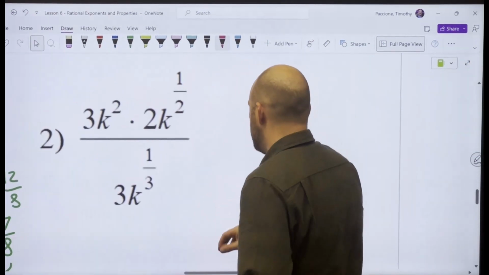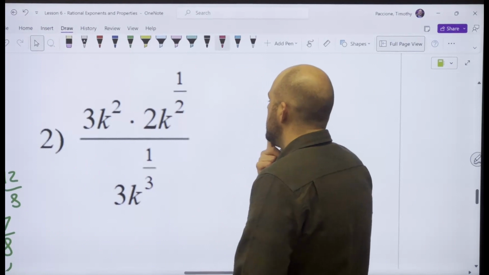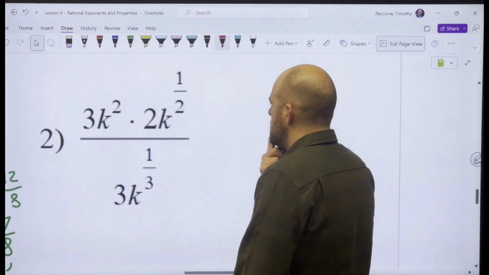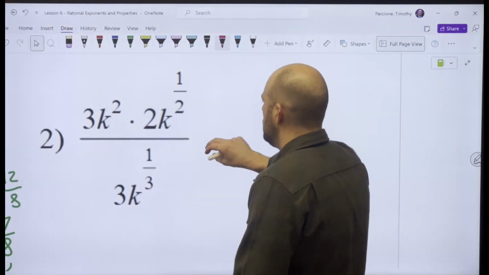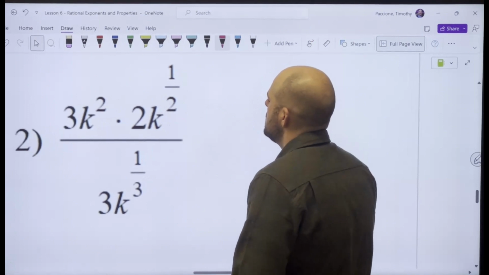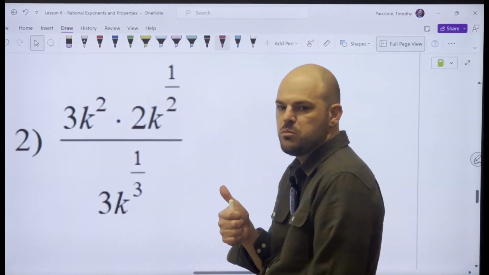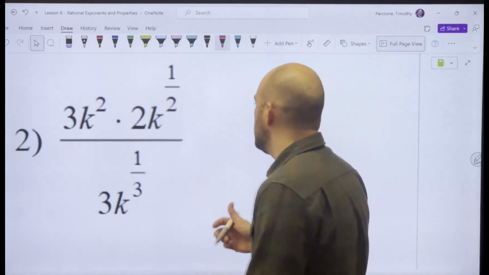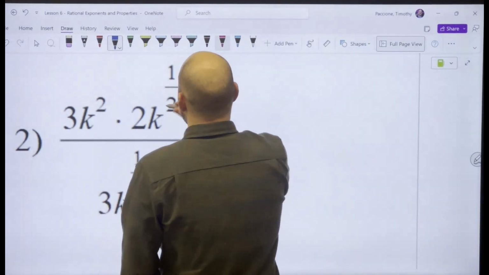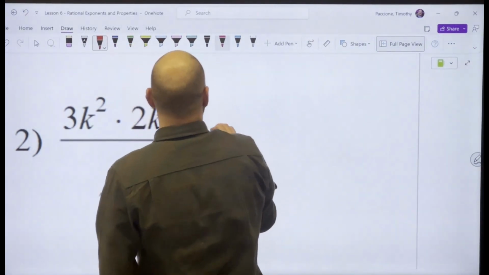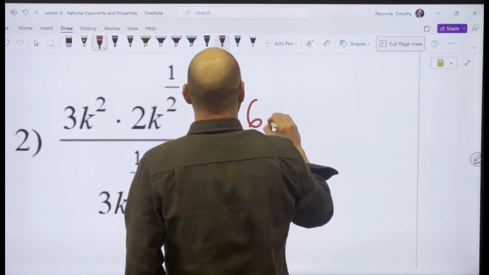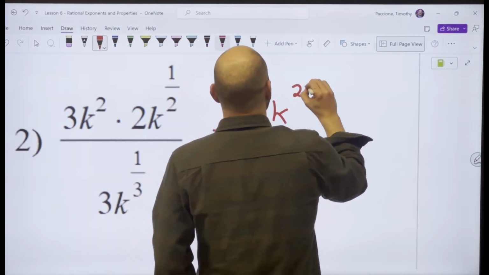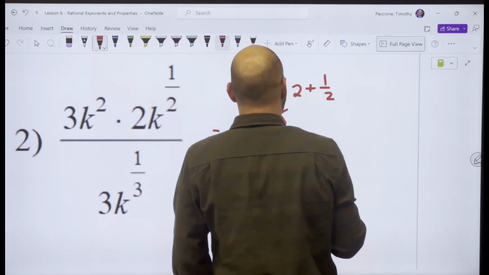All right, a couple different ways you could do this. Let's go with our normal process where we clean up the top and then go up and down. Okay, so if I do the top, I got 6, and then I have k to the 2 plus 1/2, okay?